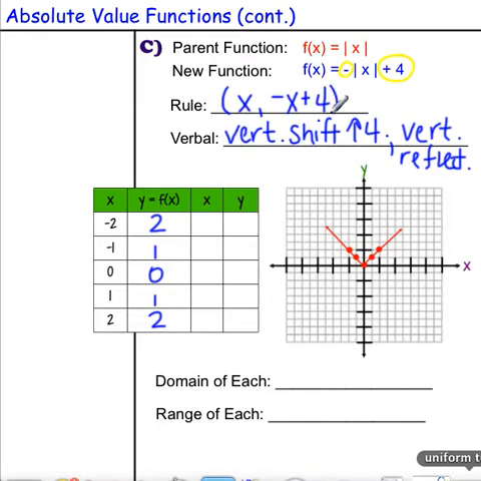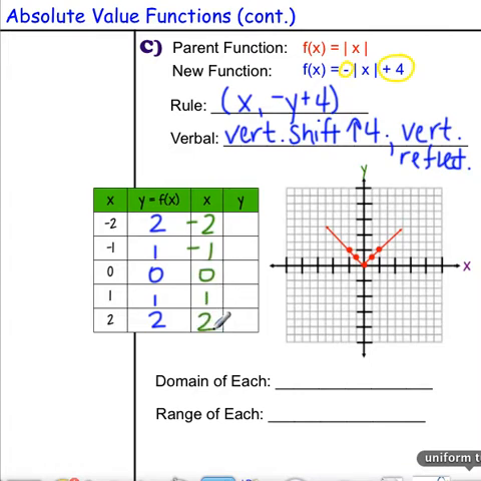So when I go ahead and do so, and I apologize, this should say, let me fix this, this should say y, not x. And then when I go ahead and fix this, x stays the same. So once again, -2, -1, 0, 1, 2.